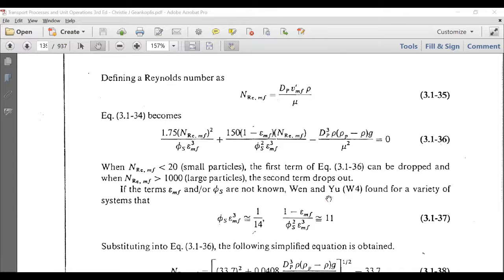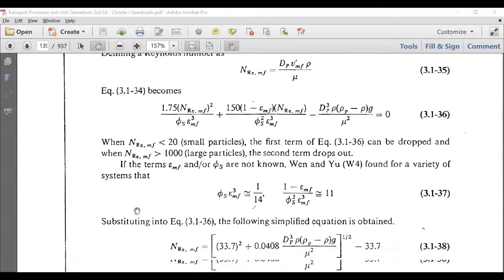Wen and Yu found, for a variety of systems, that tau S times epsilon MF to the power of 3 is pretty much equal to 1/14. So actually I can change this to become 1/14.